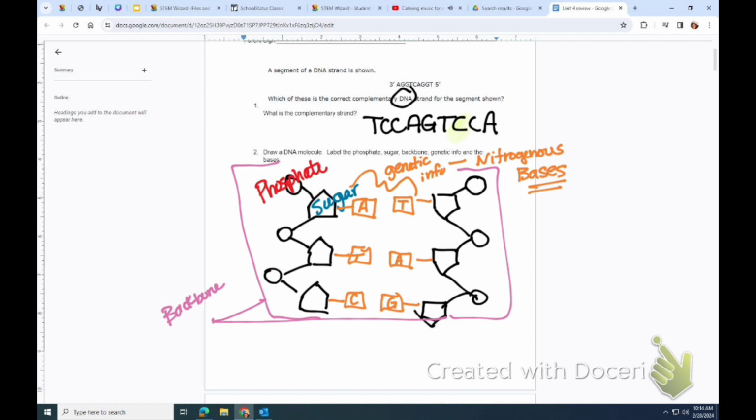There is one remaining part to this DNA to hold it together right up the middle. Who remembers? Alex? That is a hydrogen bond. So between each nitrogenous base, it is held together with a hydrogen bond.